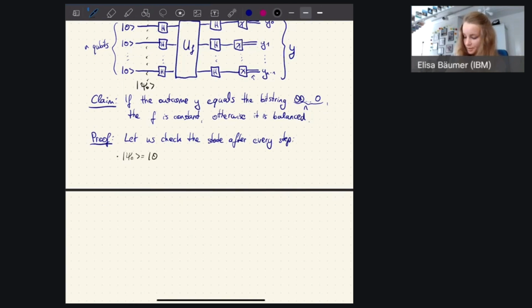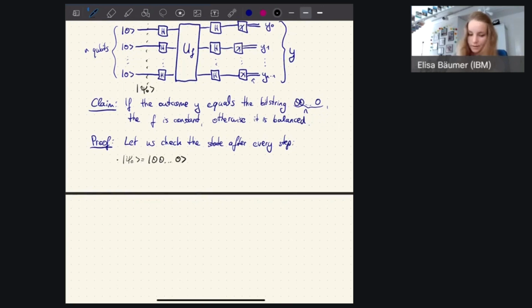So psi 0 is just the 0-bit string. Because all qubits start in 0, we can write that as 0 to the power n. Then we apply Hadamard gates to all qubits, and we just learned what that means.